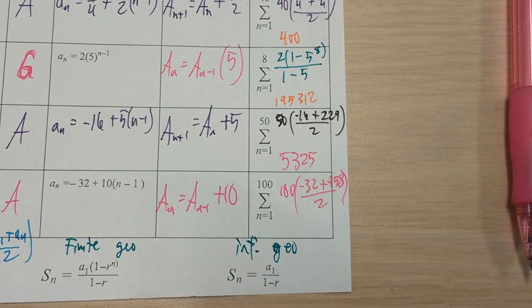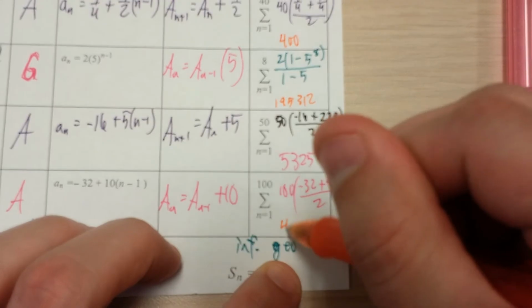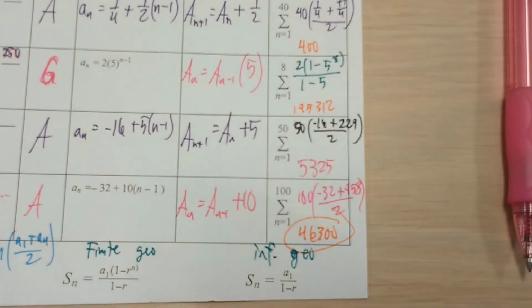All that's over 2. Okay. So typing: negative 32 plus 958 divided by 2 times 100. 46,300. So we're adding 100 of them. That makes sense. That's a pretty large number.